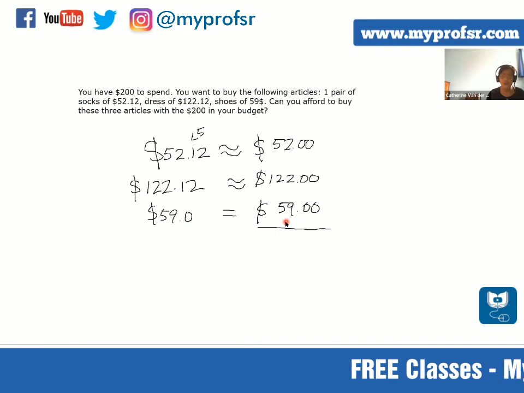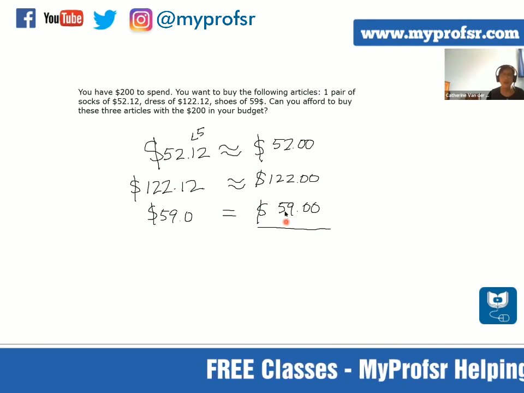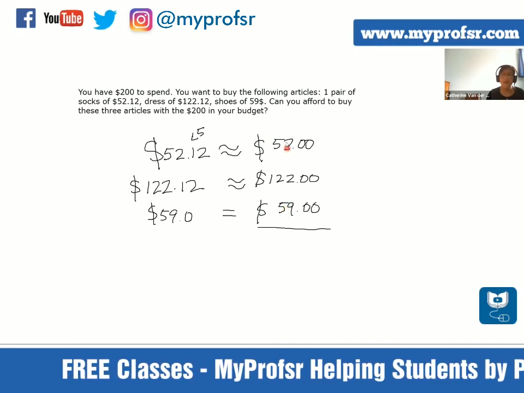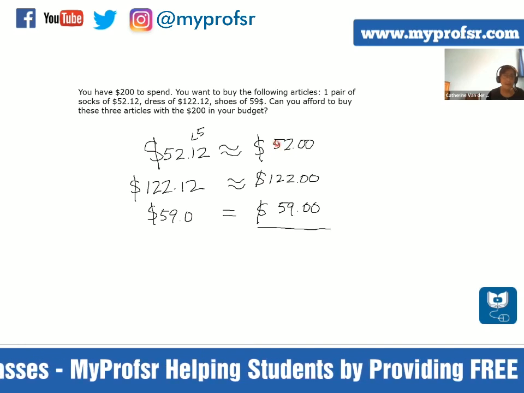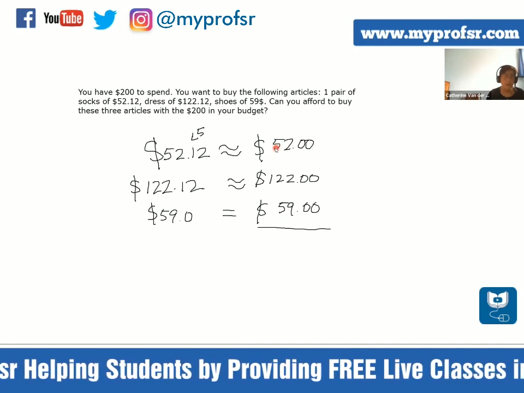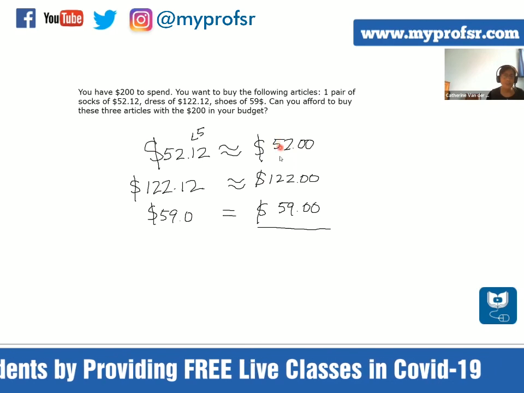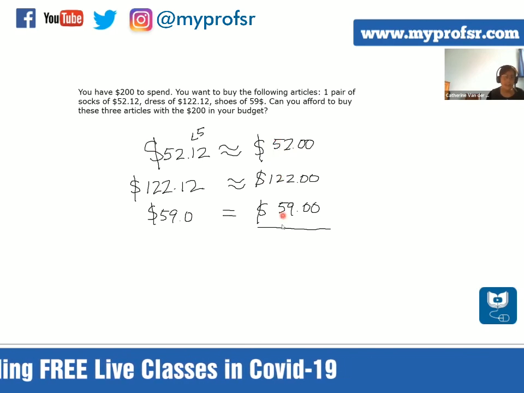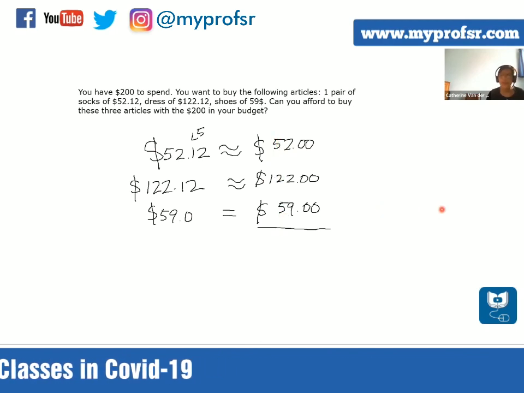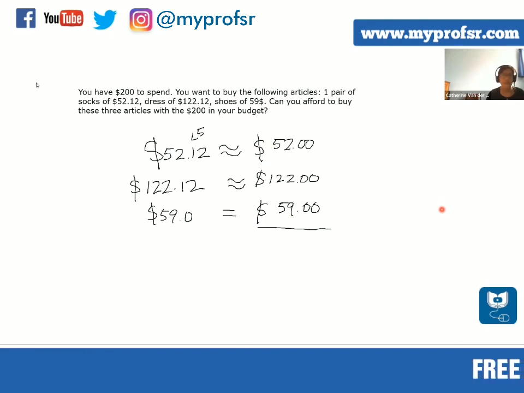Maybe what I should do is rather to round off to the nearest 10. That will be more practical, because then it will be easier to add these 3 together. So let's do that. And you can compare the two.